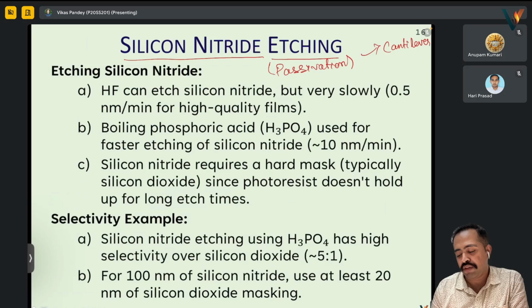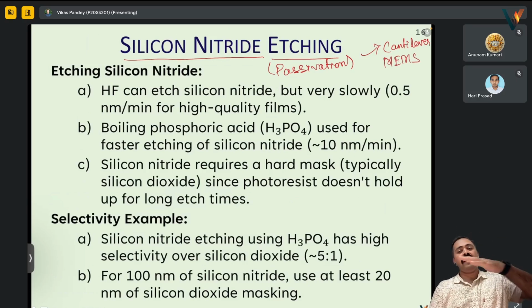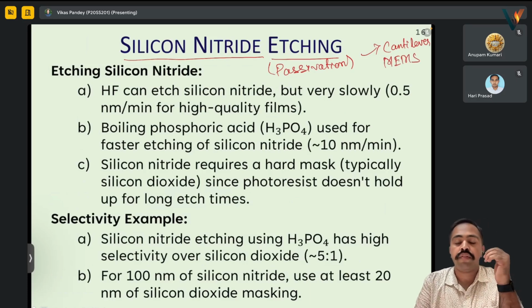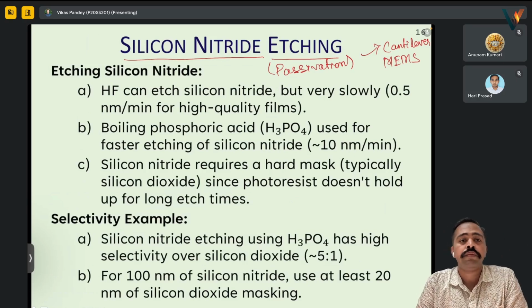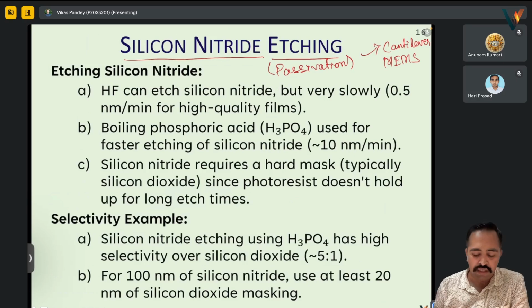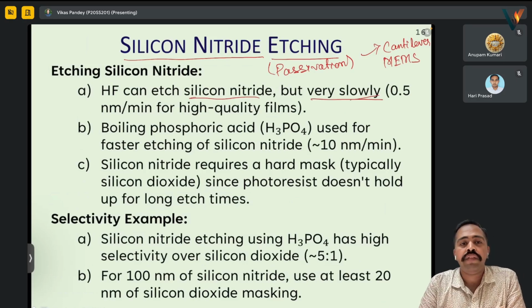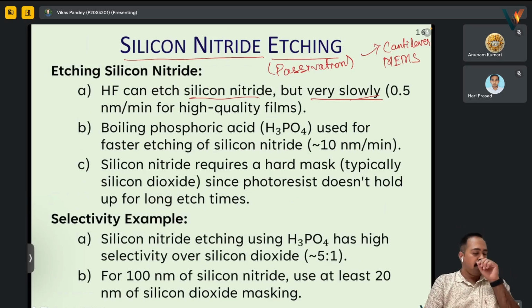We will see what MEMS cantilevers are, the hanging structures that are very common in MEMS. HF can etch silicon nitride, but it is very slow, 0.5 nanometer per minute for high quality films.